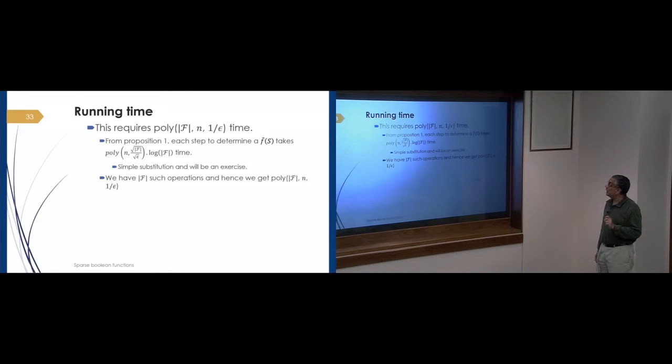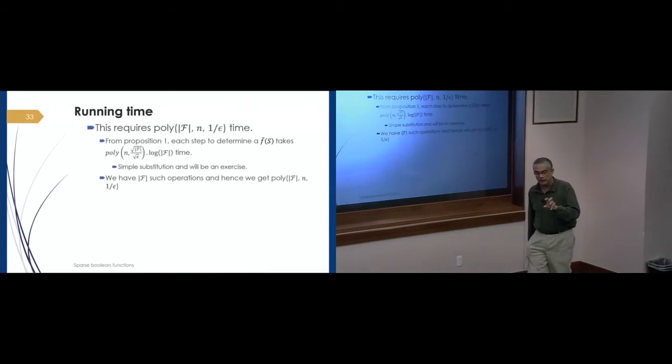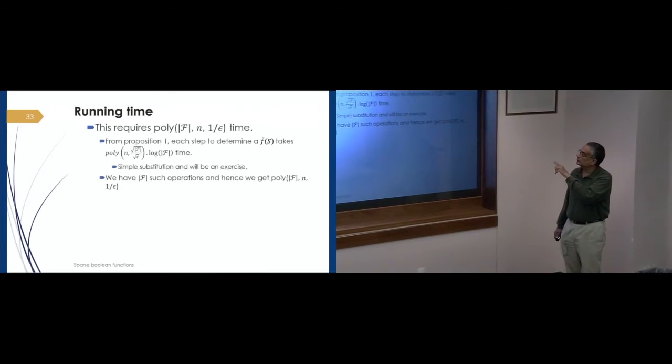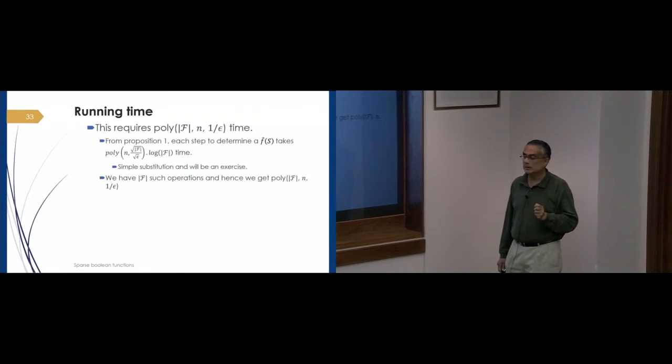From proposition 1, each step that we use to build f tilde s takes polynomial time, n squared, because of our construction, square root of f divided by square root of epsilon times log of the size of f. Okay? And this we expect will be an exercise in the following sense, that if you look at proposition 1 carefully and actually look at the form that we have here, it's a simple substitution.